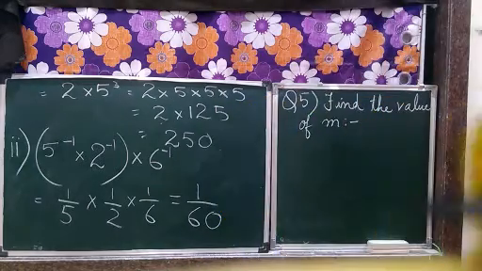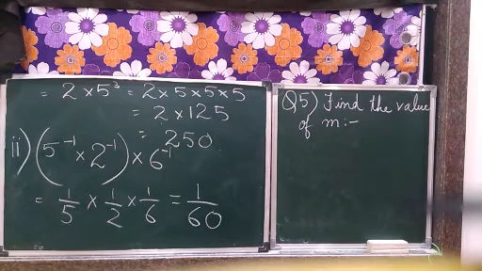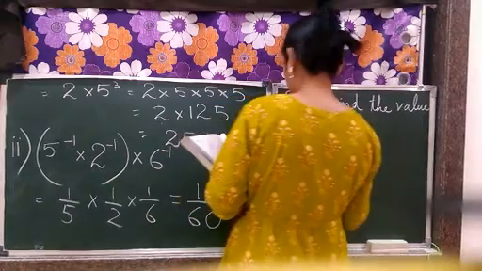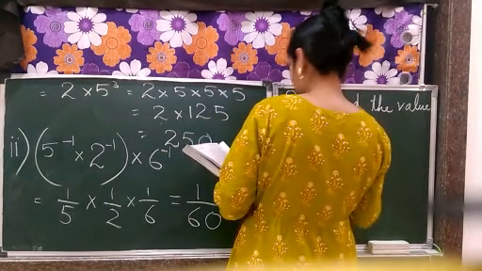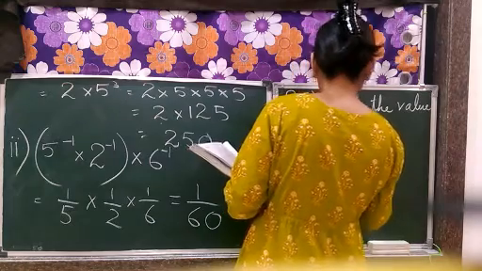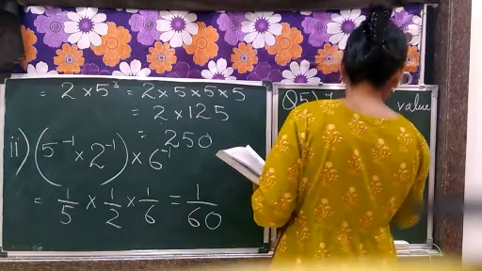Let me take out chalk. So 5 raised to m divided by 5 raised to minus 3 is equal to 5 raised to 5.